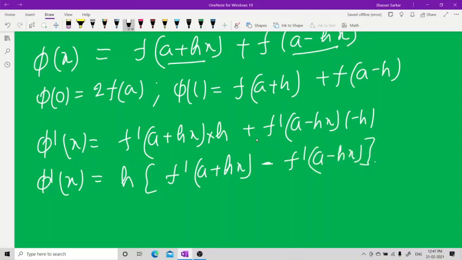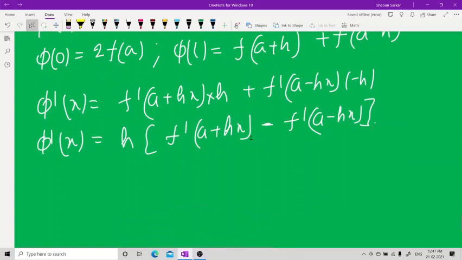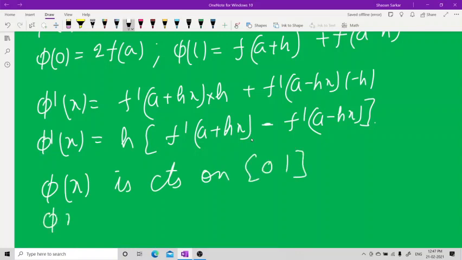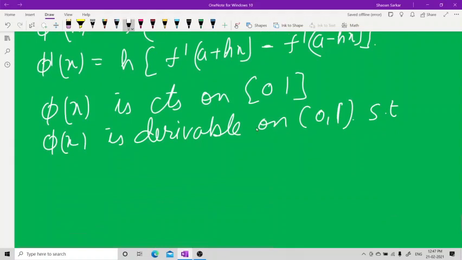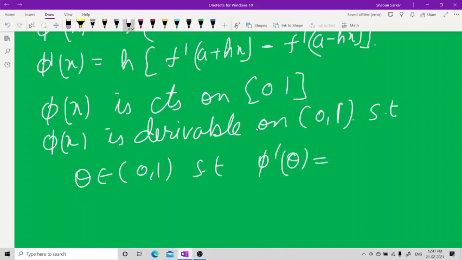This is done. Now this function phi x is continuous on [0,1] and phi x is derivable on (0,1), so there exists a theta belonging to (0,1) such that phi dash theta is equal to [phi of 1 minus phi of 0] upon [1 minus 0].